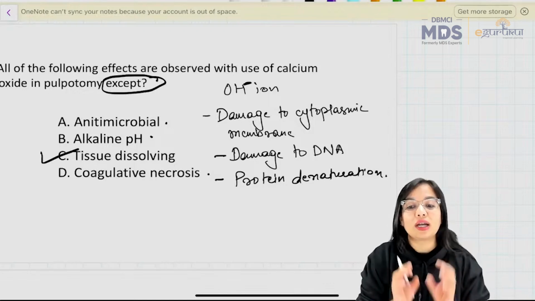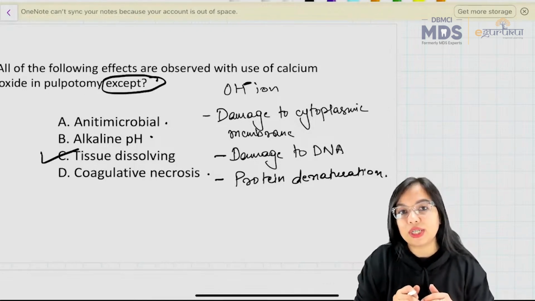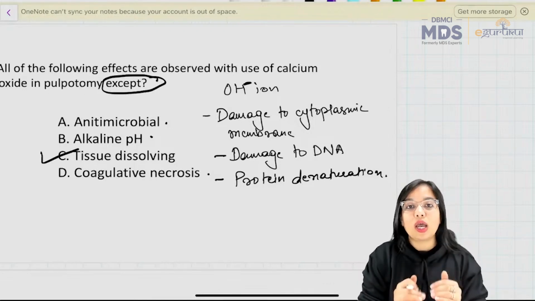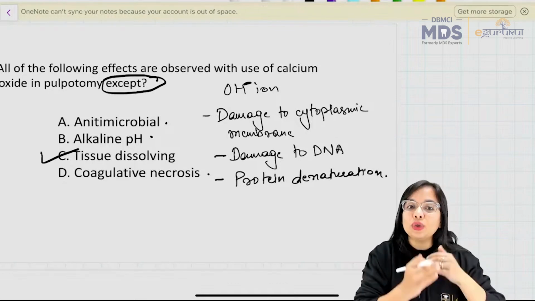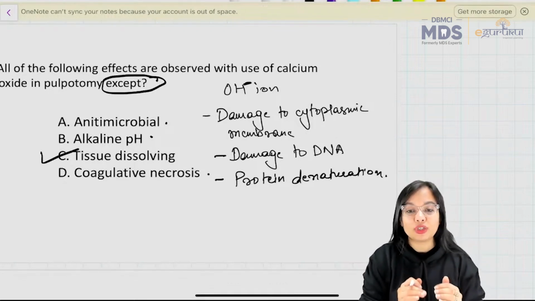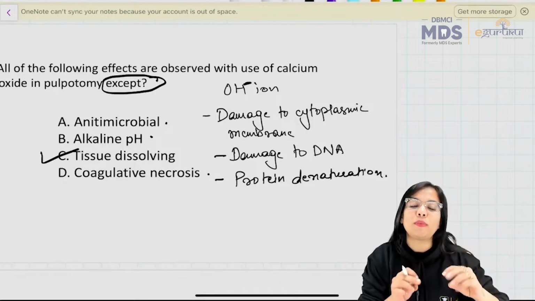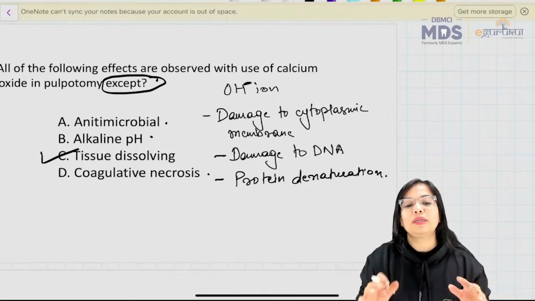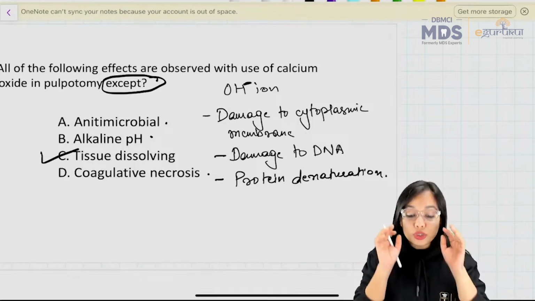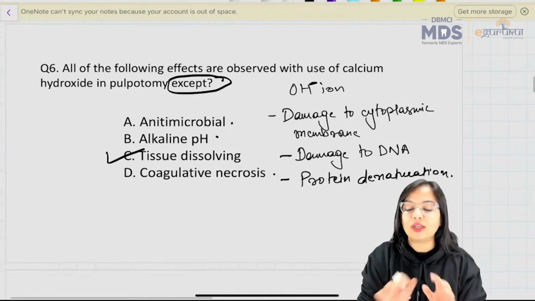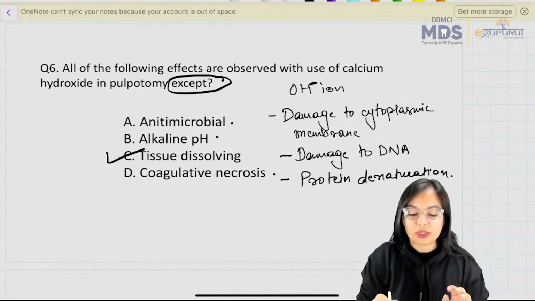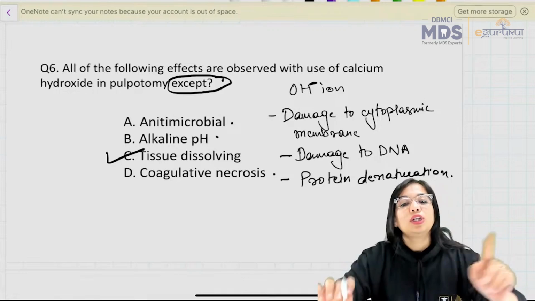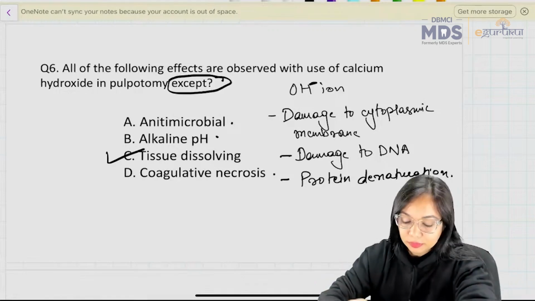This change is accompanied by acute inflammatory changes in the underlying tissue. After 4 weeks, a new odontoblastic layer and eventually a dentine bridge is formed and your work is done. Your pulpotomy or direct pulp capping is successful after that. So tissue dissolving property is definitely not one of the properties of calcium hydroxide. So the answer here becomes tissue dissolving, that is C.